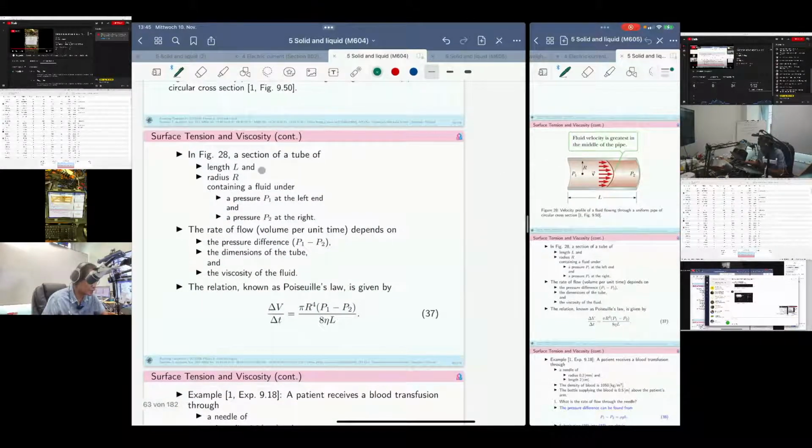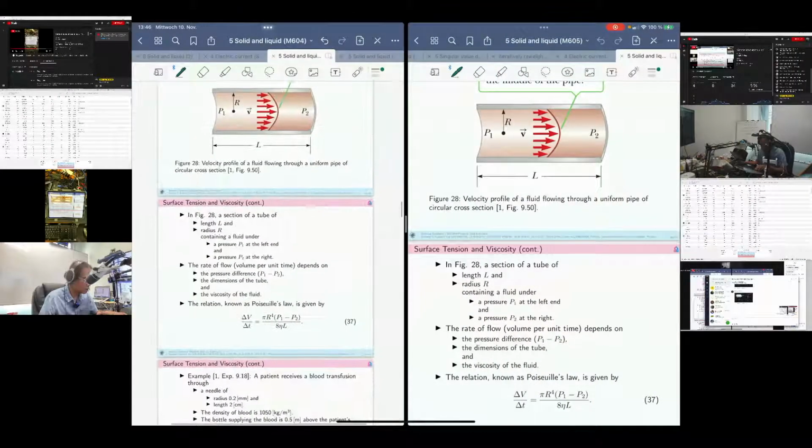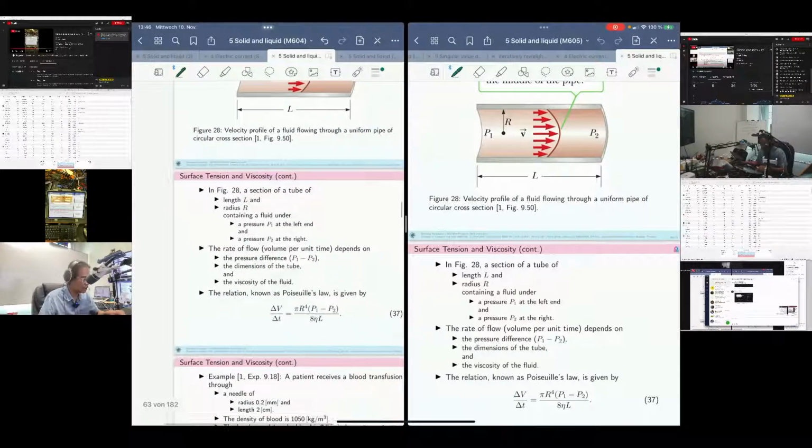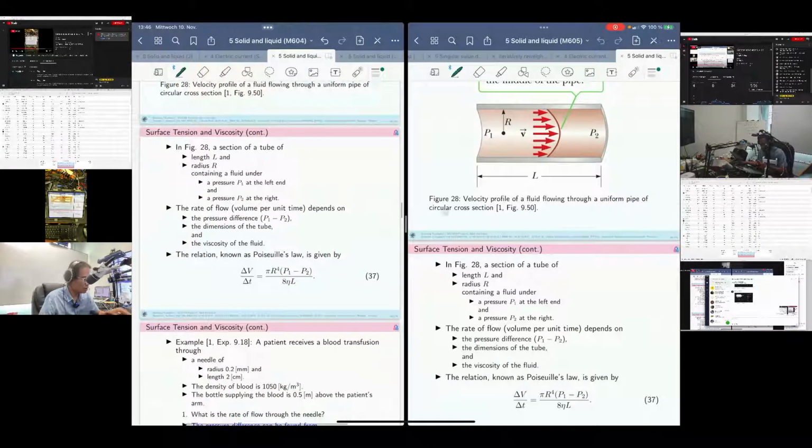In figure 28, in this figure, a section of a tube of length L, the length here is L, and it has radius R, the radius measured from the center of the pipe to one side of the wall inside the pipe, denoted by the capital R, containing a fluid under pressure P1.